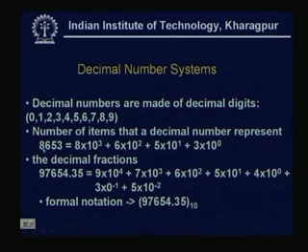This 8653 is the number of items that the decimal number represents.